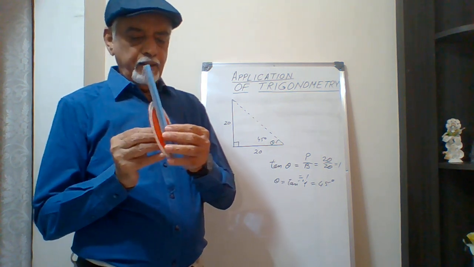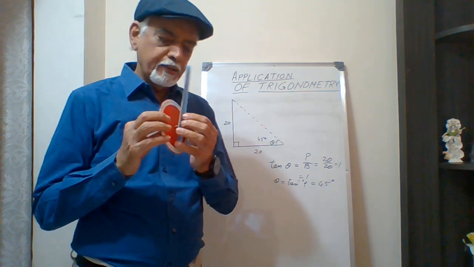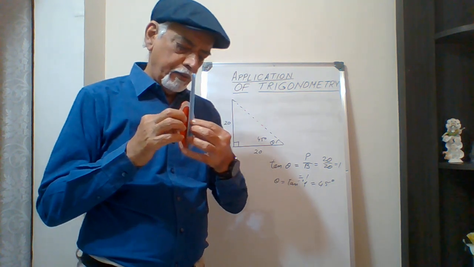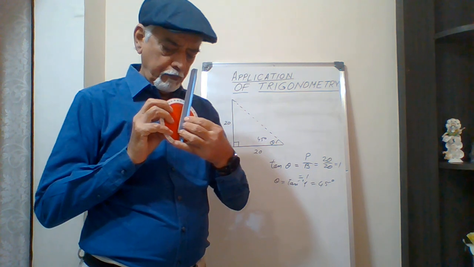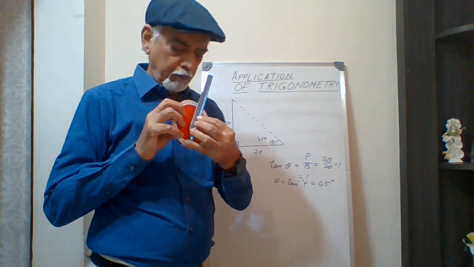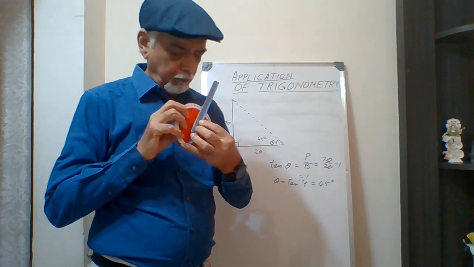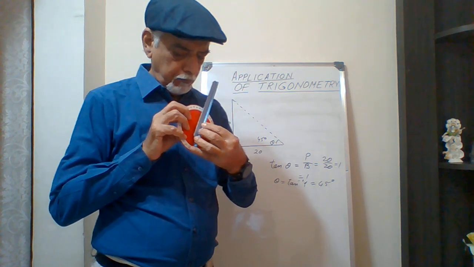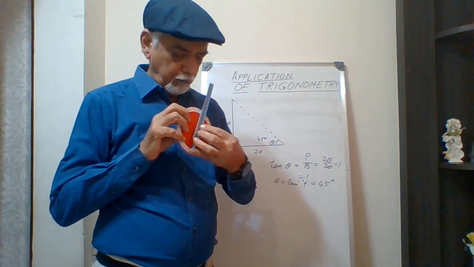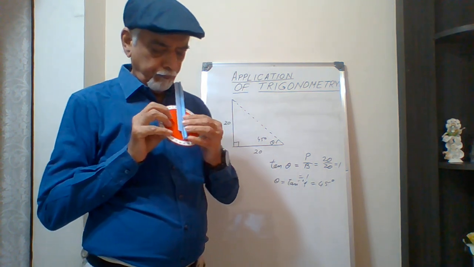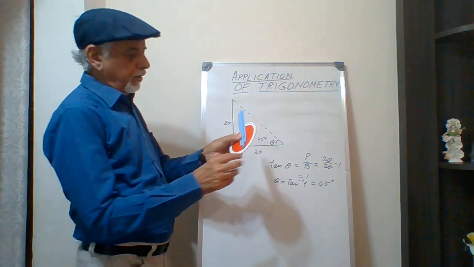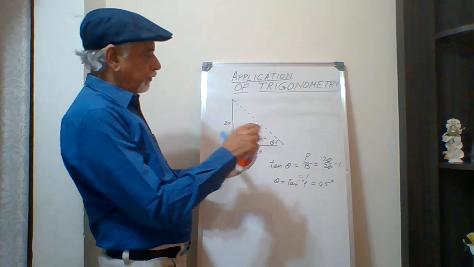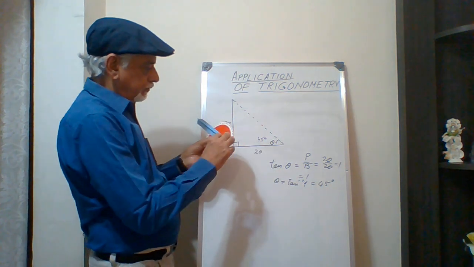So what I am doing, I am trying to fix the center point to this. So this is the center point I have fixed. Now make the 0, 0 along with the horizontal line.